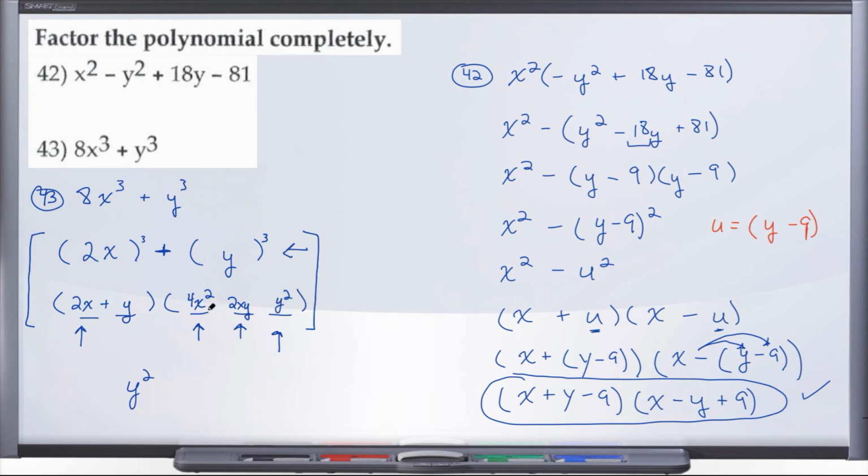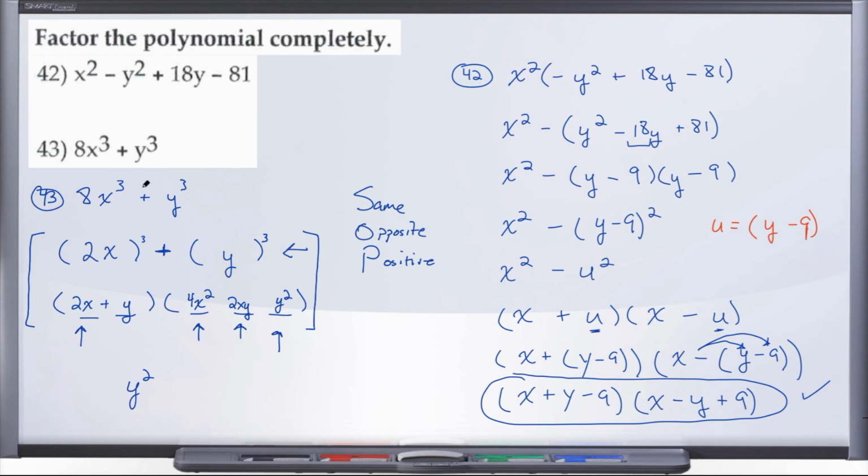All right, but you notice we are missing signs, aren't we? So we're missing the signs for our trinomial. And to fill in those signs, all you have to do is remember this little acronym, SOP: same, opposite, positive. And these refer to the signs that you're going to be using.